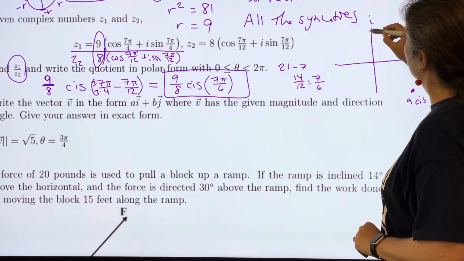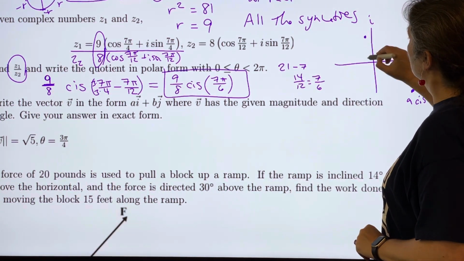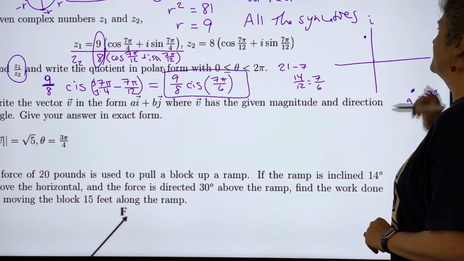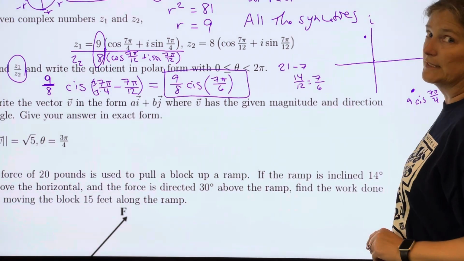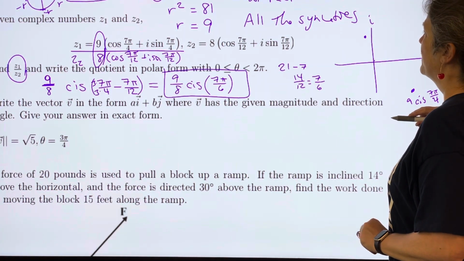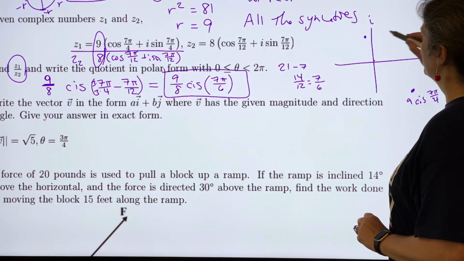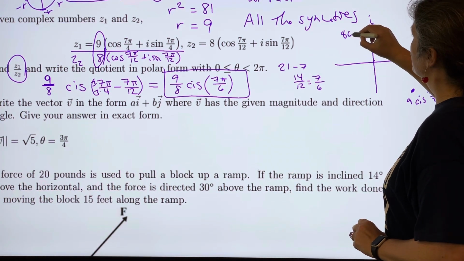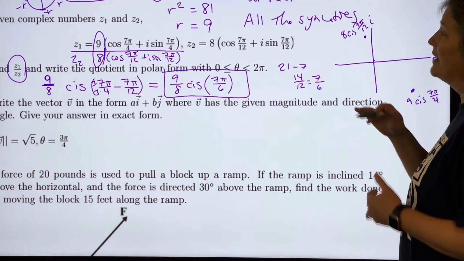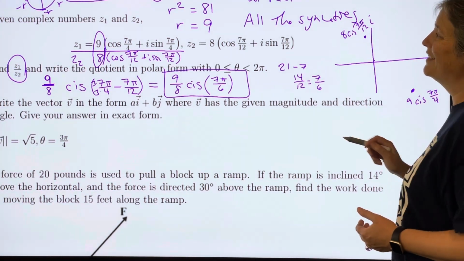So that's going to be right here. Very shallow angle here. 1/12 is half of 1/6, so that's 15 degrees, and I go out 8, so roughly this one is 8 cis 7 pi over 12.